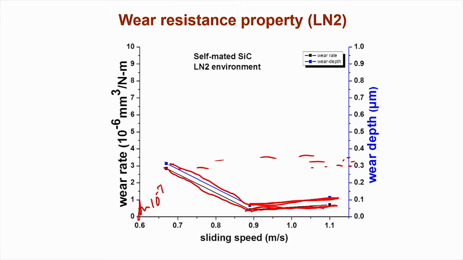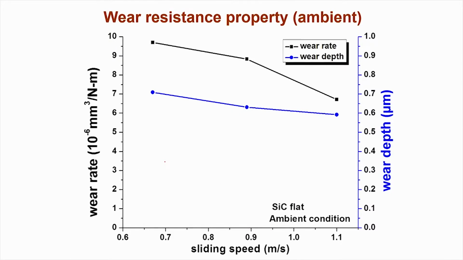So, all in all, if we consider the wear rate and wear depth data together, it leads to the conclusion that self-melted silicon carbide experiences very high wear resistance, or less wear rate, in liquid nitrogen environment.